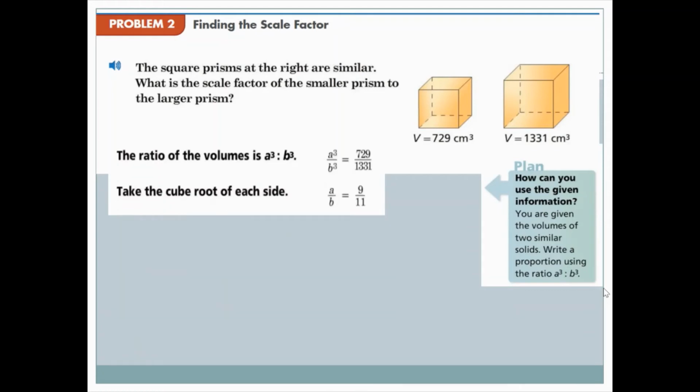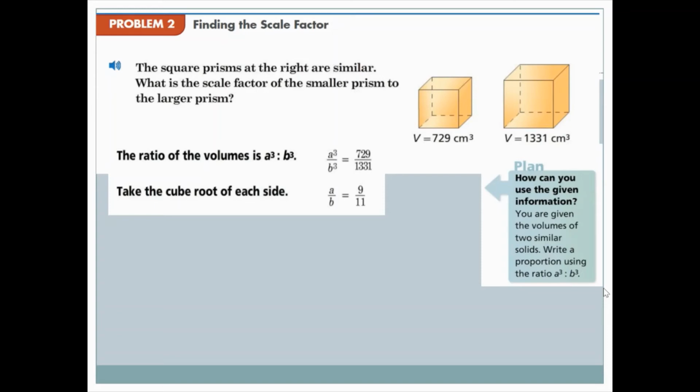Now, let us solve. So if we have the ratio a cubed over b cubed, what is the ratio of this in numbers? The first figure has 729, and the second figure has 1,331. So the ratio of the volumes is 729 over 1,331.